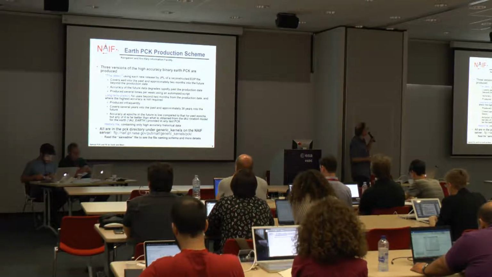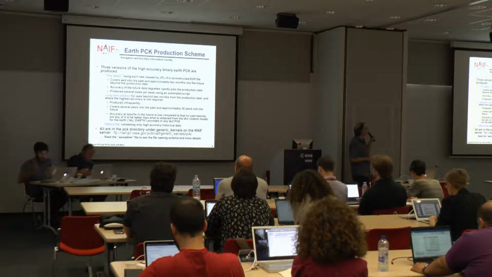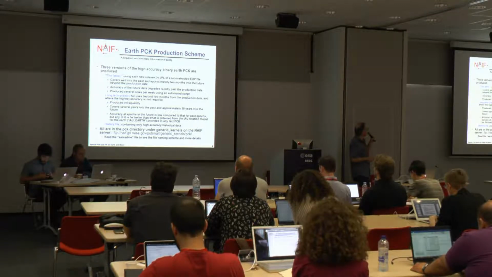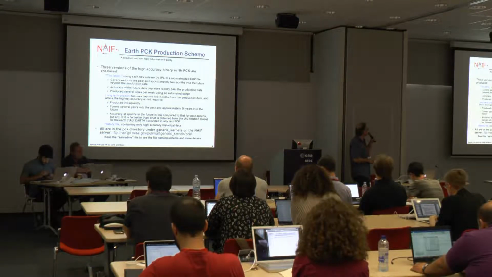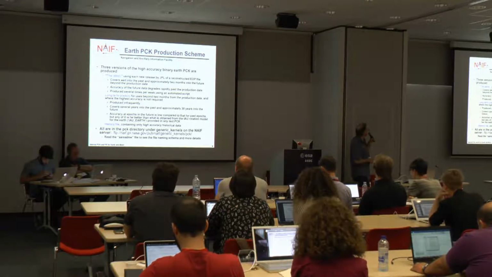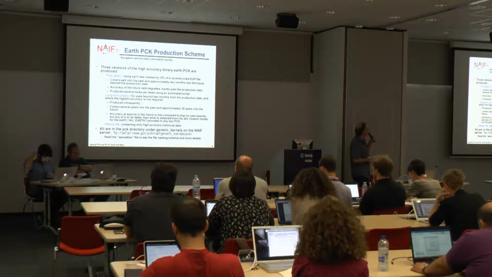The long-term predict, which can be used for applications that go further into the future beyond 2 months from the production date, where highest accuracy is not required, is produced very infrequently. I think the last one we produced was 10 years ago or something like that. It covers several years into the past and approximately 30 years into the future.